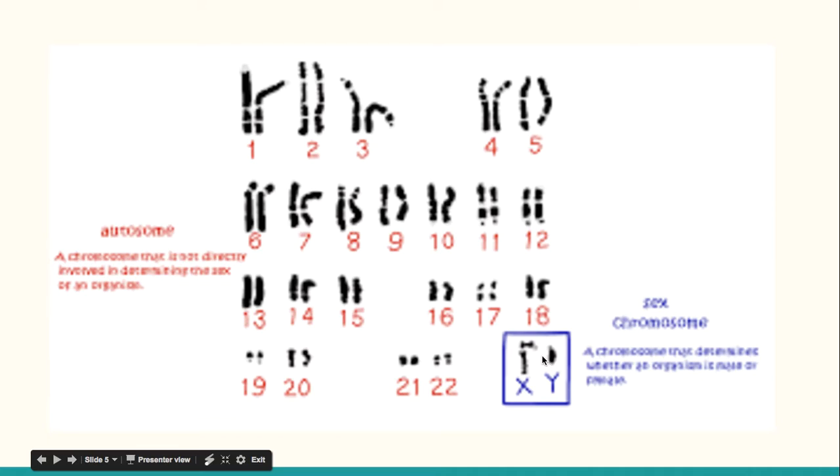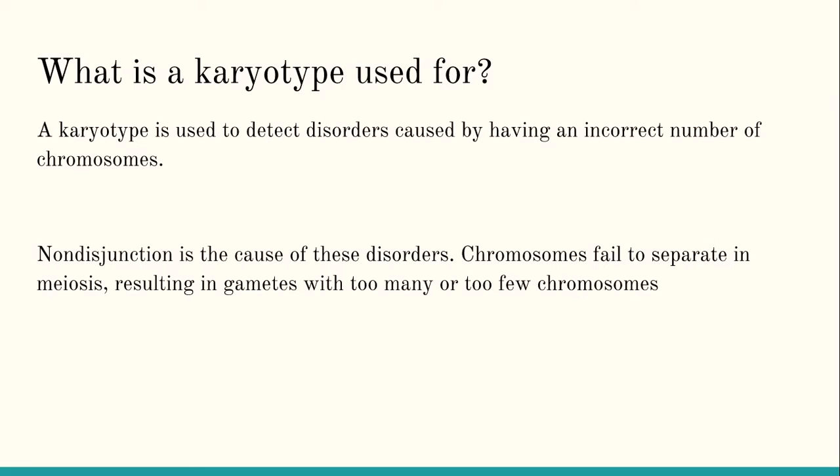In this particular example, we have one X and one Y. Usually, a karyotype will have, in addition to the numbers, an X and Y label, so it'll be easier to tell which you have. If you don't have that, a way to tell the difference between X and Y chromosomes is that the X chromosome is always larger. The Y chromosome is significantly smaller than the X. So that's what it is.